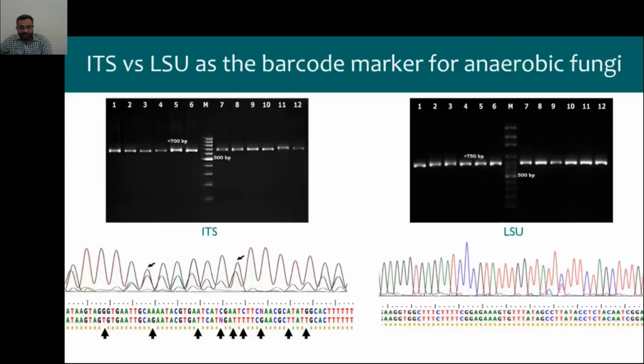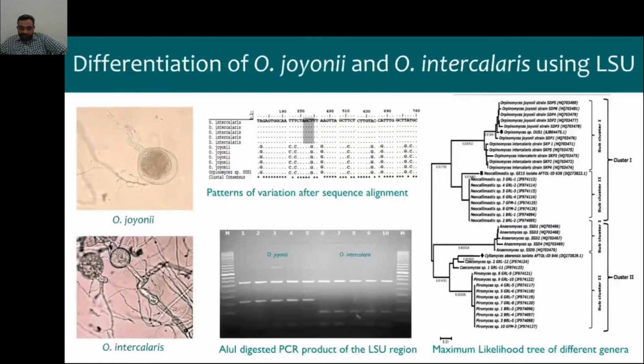However, at that time there were no LSU sequences submitted at NCBI. So we analyzed the sequences and found this intra-individual polymorphism in the ITS region, as we can see here, while of all the sequences we had analyzed for LSU, there was very little genetic heterogeneity within the sequence, and we used to get very clean sequences.